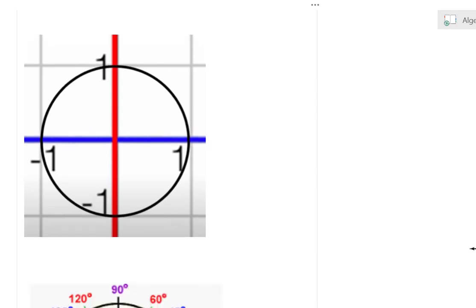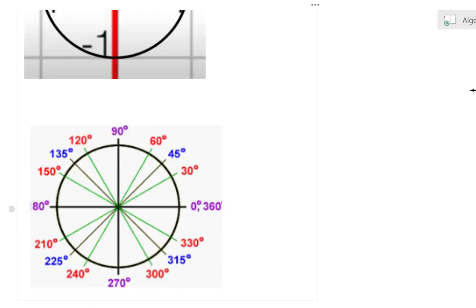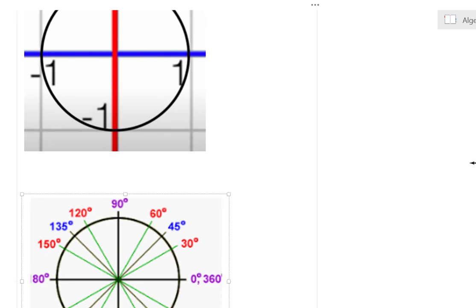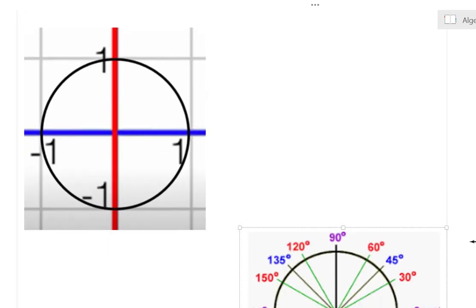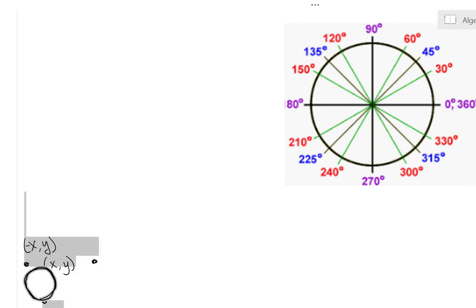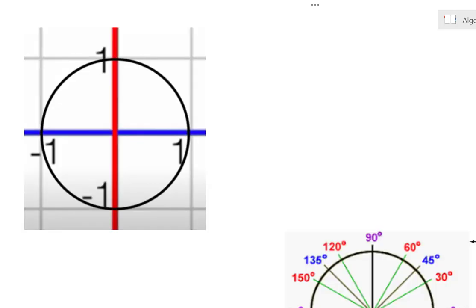What we can do with that unit circle is we can also take that and put some degrees on it. So going back here, we're really doing the same thing. We're just saying that if I take this unit circle, I can transpose on it some degree values. For example, I know that a right angle is 90 degrees, so I know that up here we have 90 degrees.